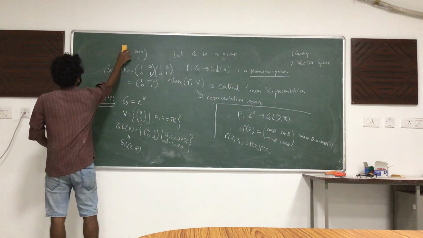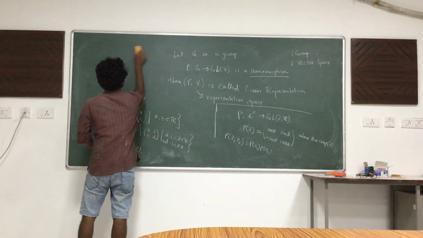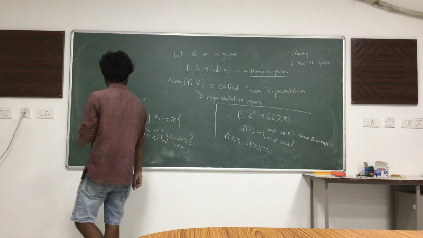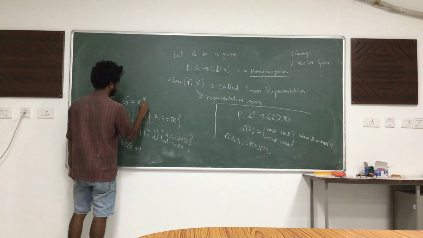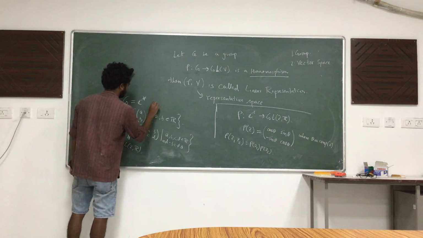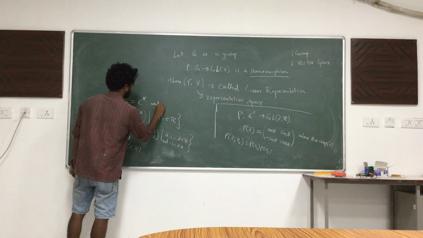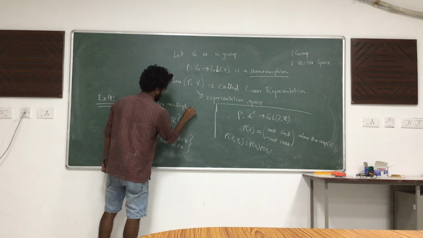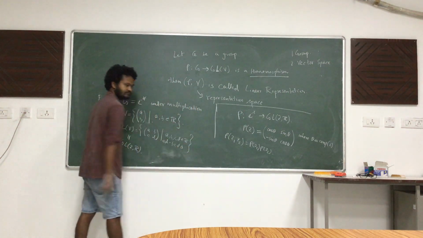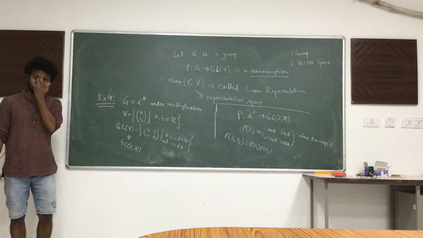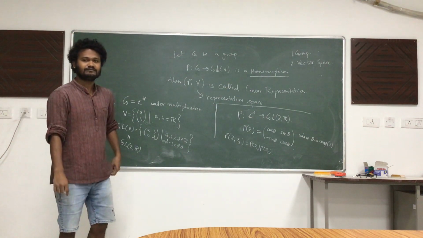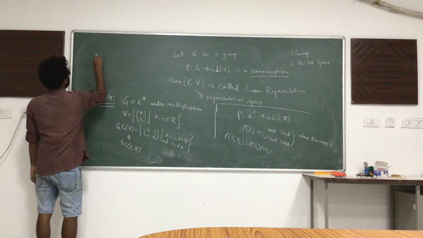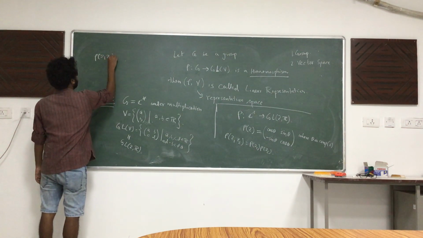Now let us see. This group is under multiplication. What is the operation when we define it? The operation is complex multiplication. Okay. So let us check what is rho of Z1 Z2.